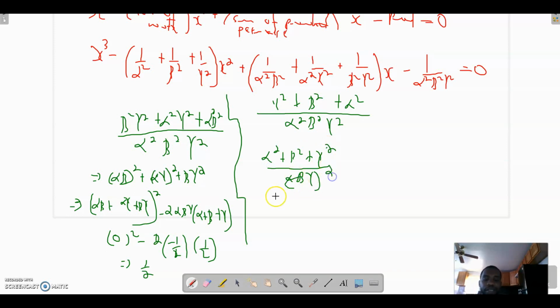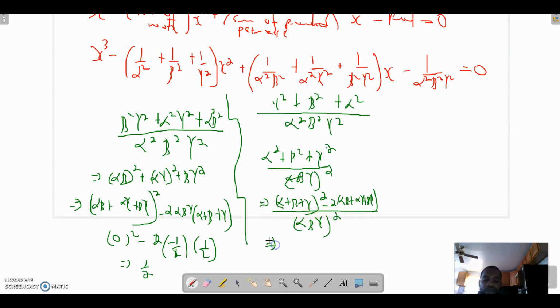Then we can go for the identity: alpha plus beta plus gamma all squared, minus 2 times alpha beta plus alpha gamma plus beta gamma, all over alpha beta gamma all squared.